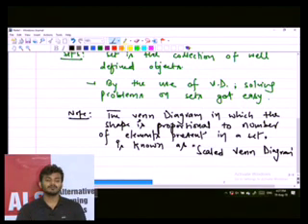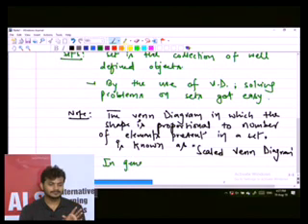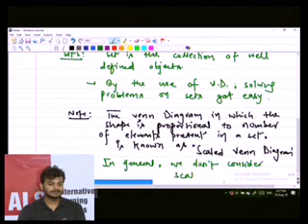But in general there is no need to make a scaled Venn diagram. It can be of any shape, any size. In general we do not consider scaled Venn diagrams.